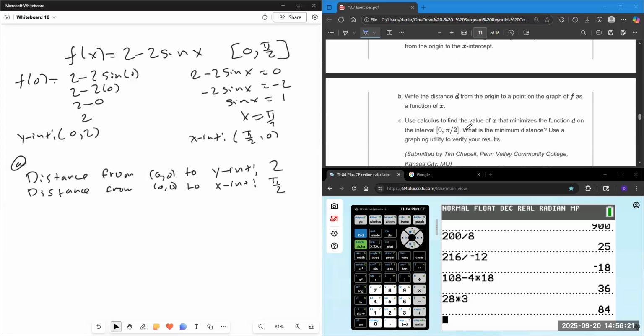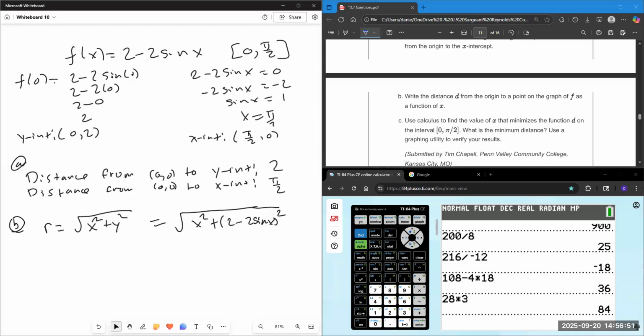Generic distance formula, they tell me to use d. I'm not going to use d. I'm going to use r. Because we are centered at 0, 0, that's where we want to find the distance from. Then r is going to be the square root of x squared plus y squared, will be the square root of x squared plus 2 minus 2 sine x quantity squared.